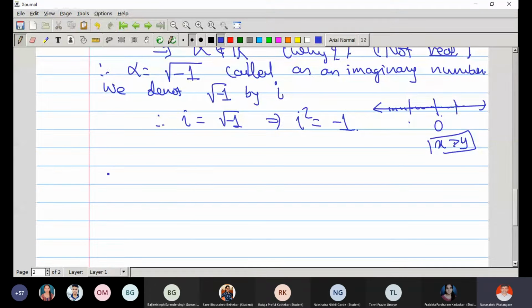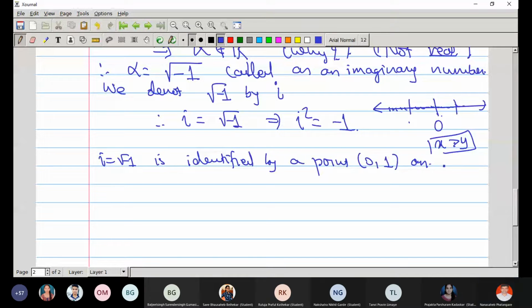So i, which is square root of -1, is identified by the point (0, 1) on the y-axis of the xy plane. Because to understand this number system, we need to understand it by some set.